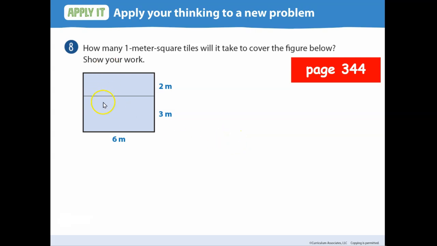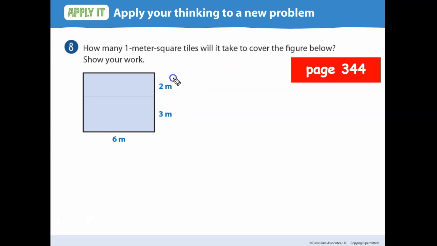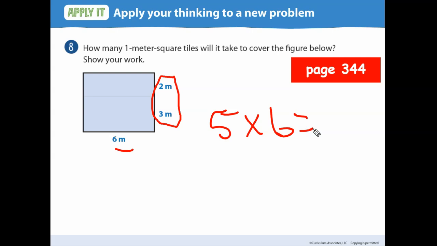You need to find the area for both of them and then the whole thing. Okay, go. Okay, so what you did was you added both of these, and you got 5, then you multiplied 5 times 6. Good. And you got what? 30.